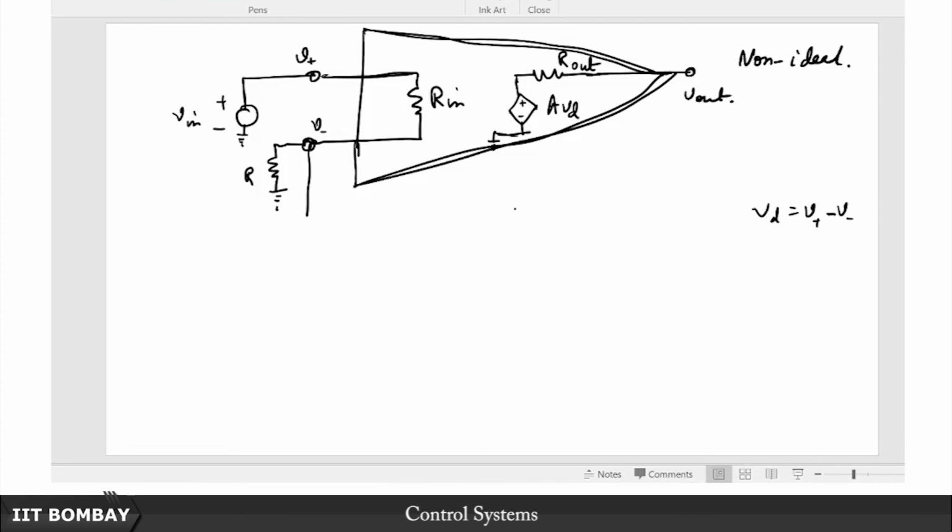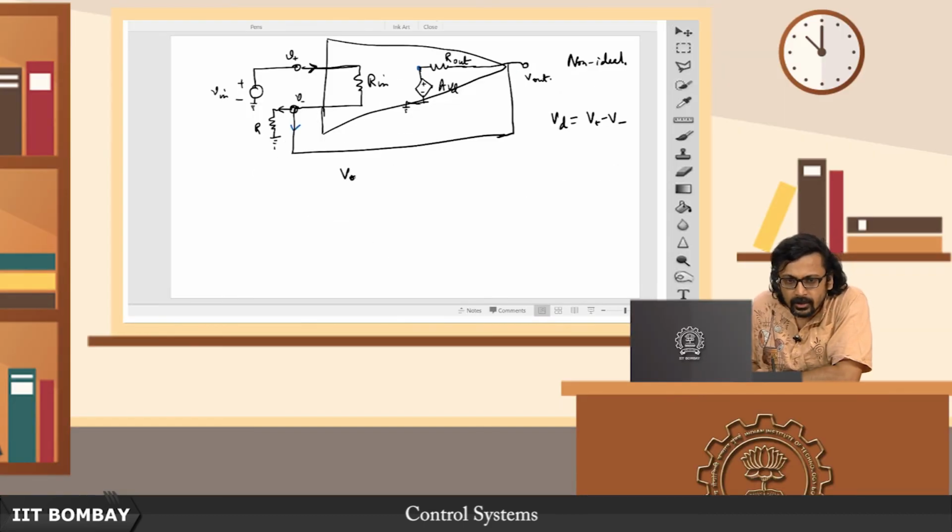So what is my V out now? Of course I have to draw this line here. So for this op amp, for instance, this connection, okay, note that this V out is going to be nothing but this V minus, right, that is going to be our first equation.